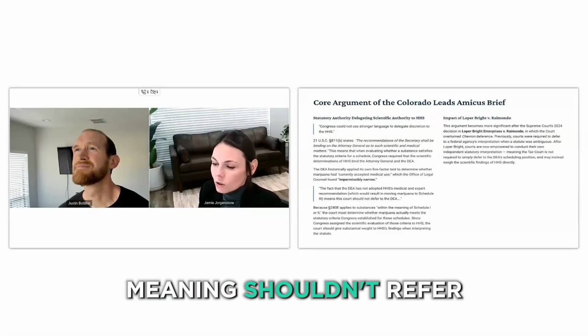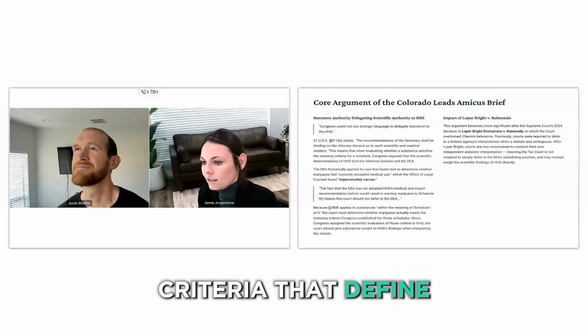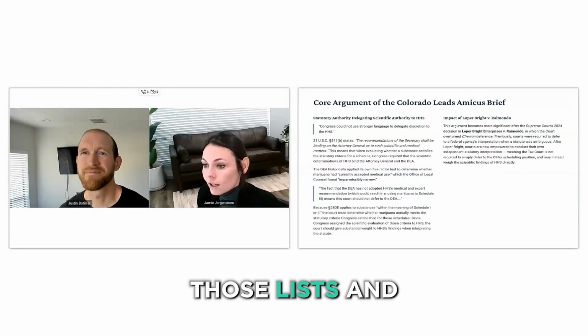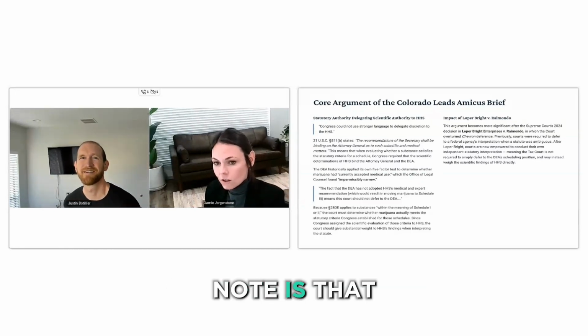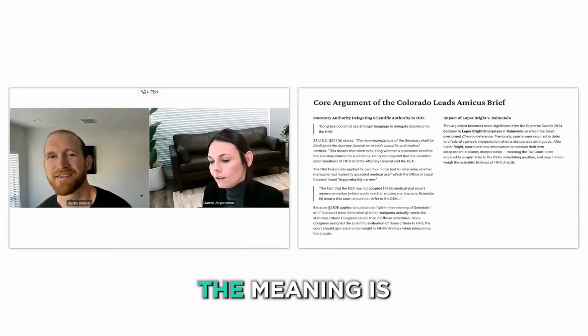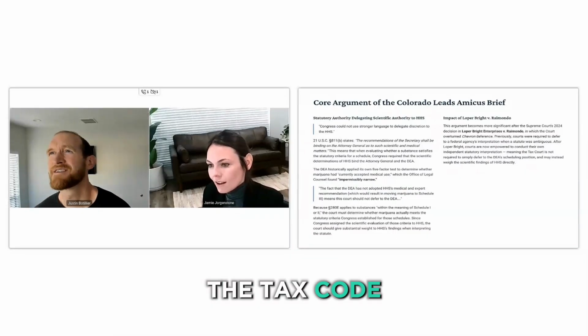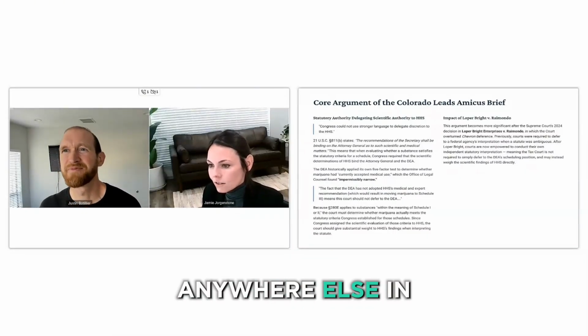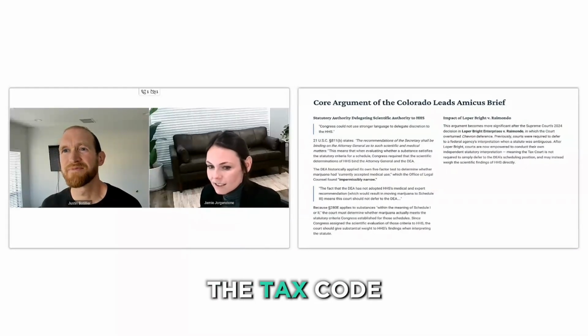Within the meaning shouldn't refer to a list, but to the criteria that define those lists. And an interesting note is that the language within the meaning is only used in the tax code. It's not used anywhere else in the U.S. code.